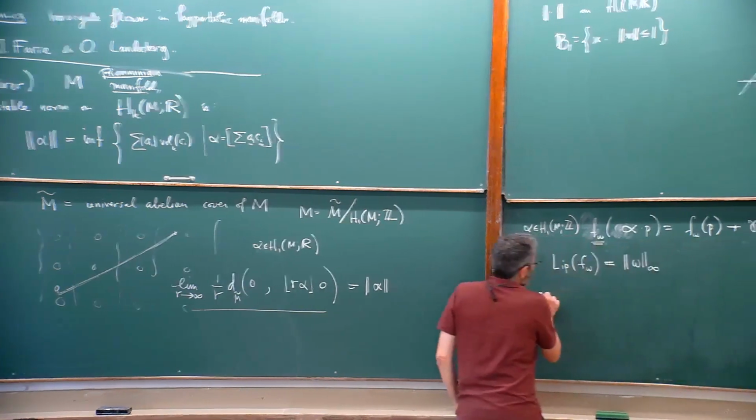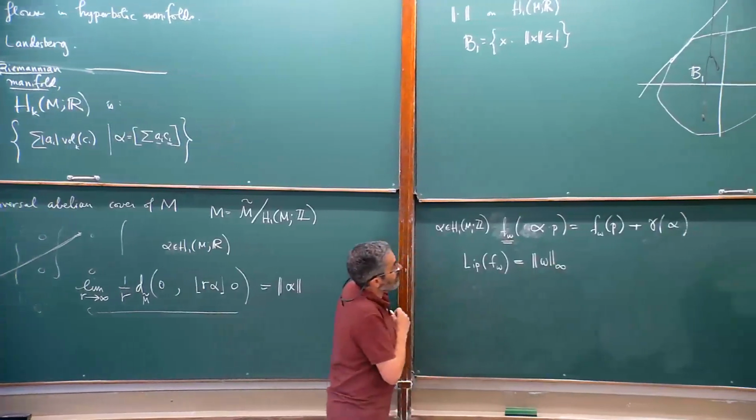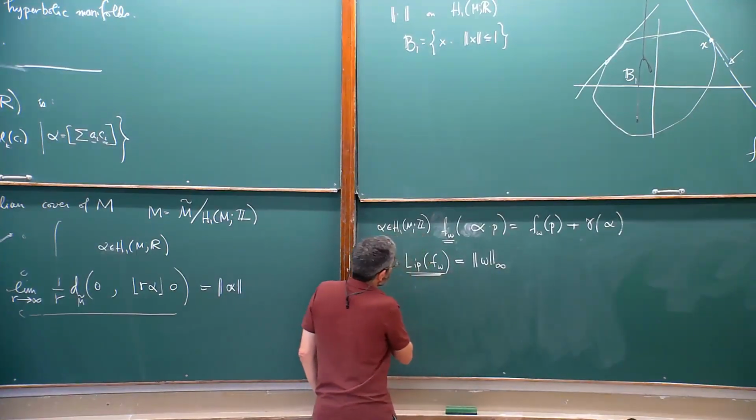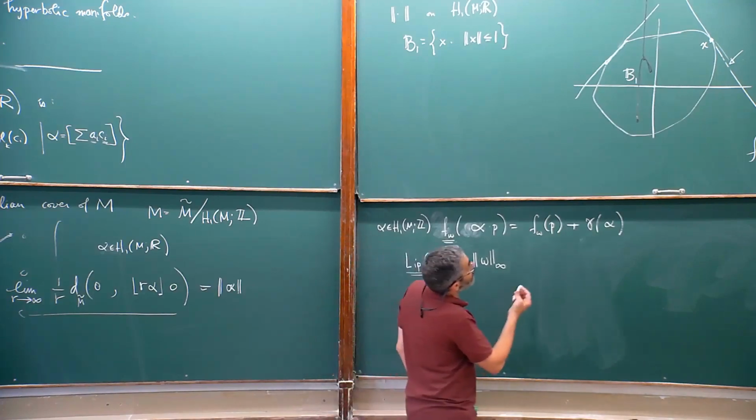And I want to point out there are 2 numbers now that one can think about. One is the Lipschitz constant that I get here, and the other one is the norm of omega.